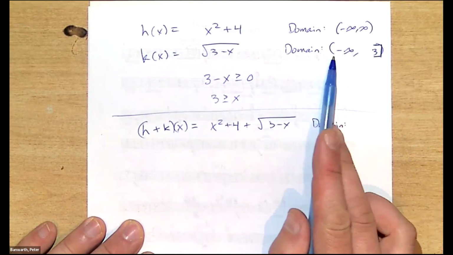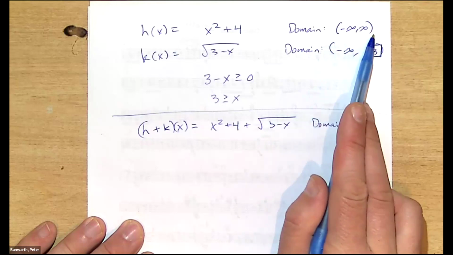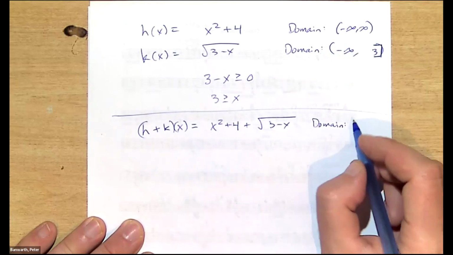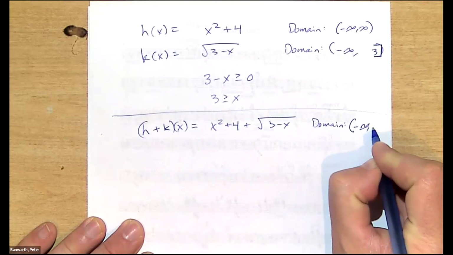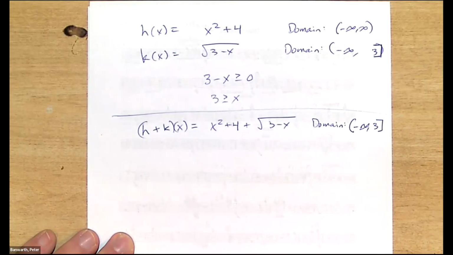Does it include minus infinity up to 3? Yeah. What about anything bigger than 3? No. Even though it works in the first part, it doesn't work in the second. So the domain must work in both individual functions and the combined function.